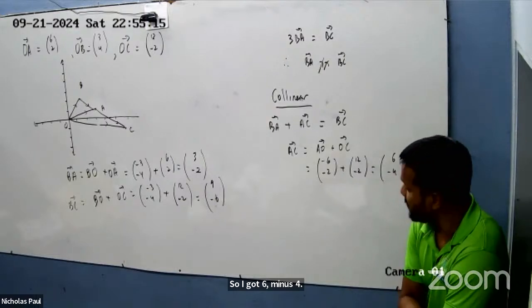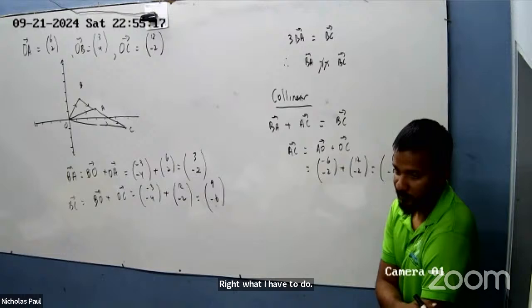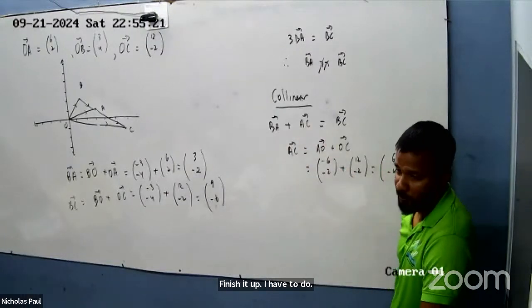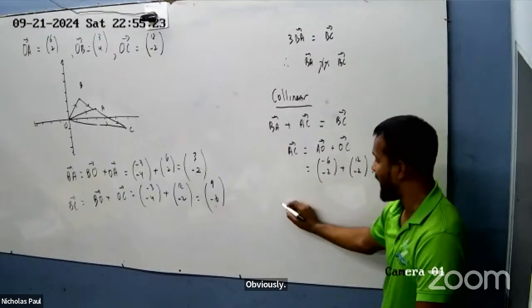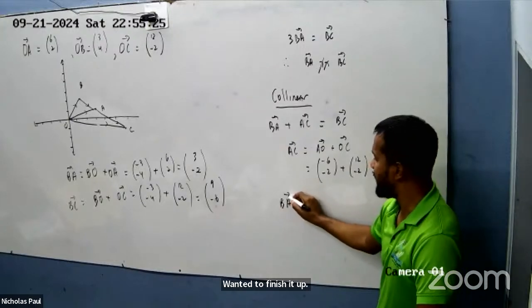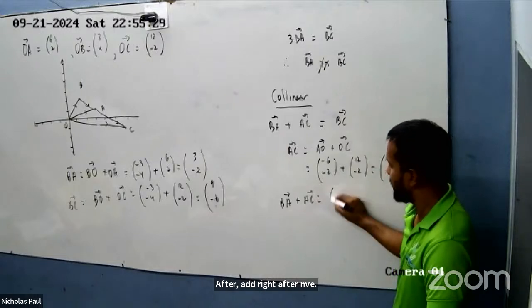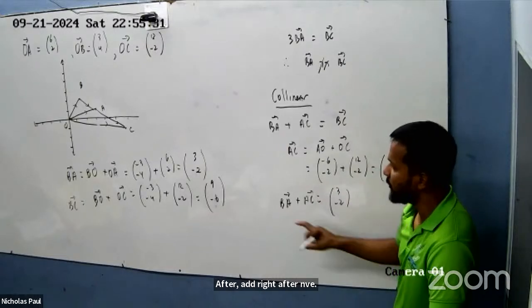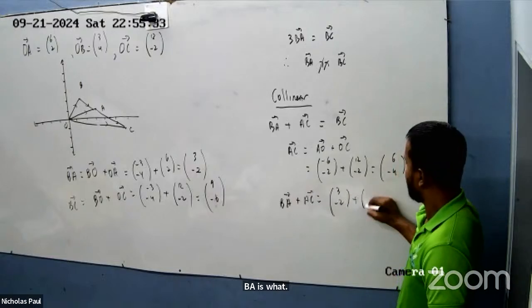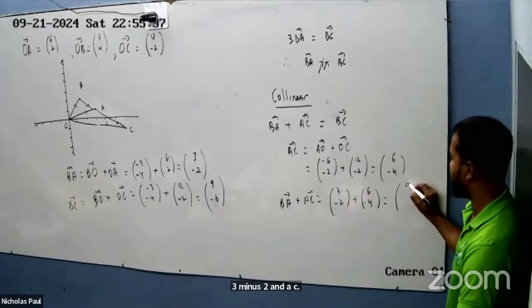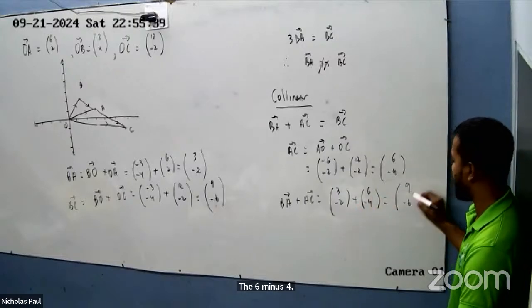Finish it up. What do I have to do to finish it up? After adding BA and AC. BA is 3 minus 2 and AC is 6 minus 4. 3 plus 6, that's 9, minus 2 plus minus 4.